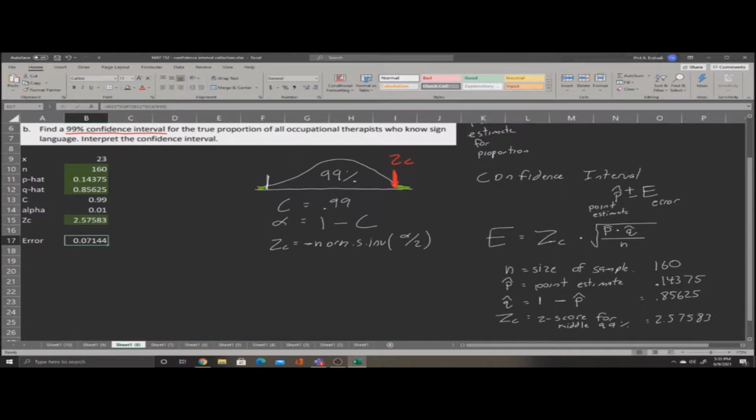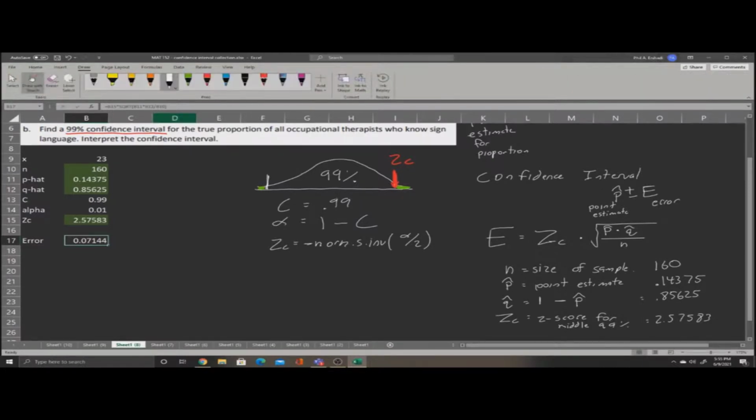Now that we have our error, we get the upper bound and lower bound. Remember, our upper bound is the point estimate plus the error. In terms of what we've done, that is going to be p hat plus e. For our lower bound, we will do p hat minus e. We'll make some fields in Excel for that as well.